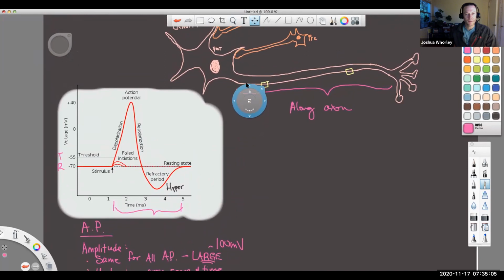Along every piece of this axon, the action potential is actually reinitiated here and here and here and here and here. That's how it spreads, by active reinitiation and opening and closing of channels all the way along here. Channels have to open and close in order to move this action potential along.